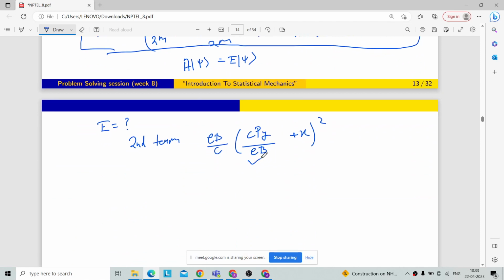Now let me take this x plus c Py over eB as some other variable. Let's take it to be zeta, as x plus c Py over eB. As it is dependent on x, let me take one more, p zeta as Px. Right.